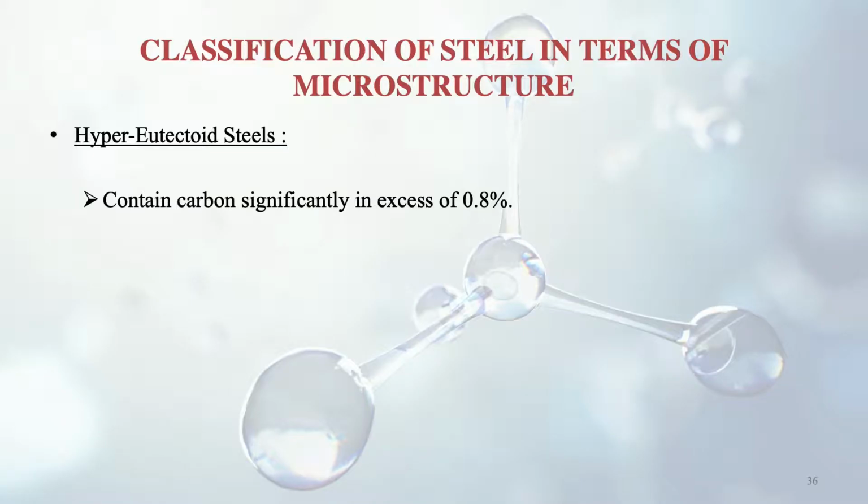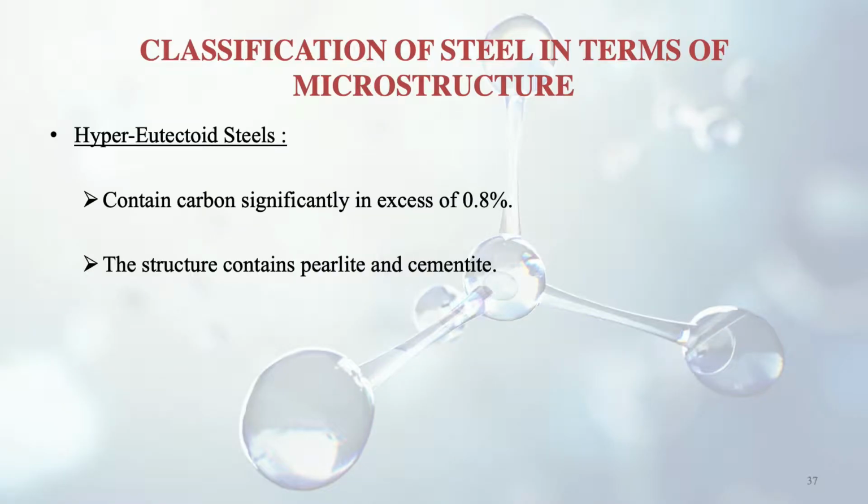Then the final one is the hypereutectoid steels. It contains carbon which is in excess of 0.8%, as we can know from the name itself. The structure contains perlite and cementite. Like in the case of hypoeutectoid, when we move towards the left, it contains perlite and ferrite. Now in this case, it contains perlite and cementite, because towards the right portion of the 0.8% carbon line, there is cementite.